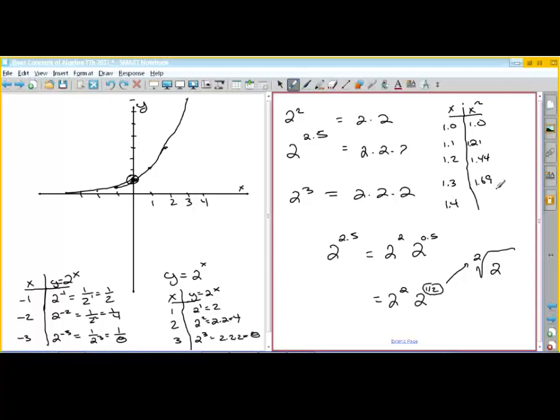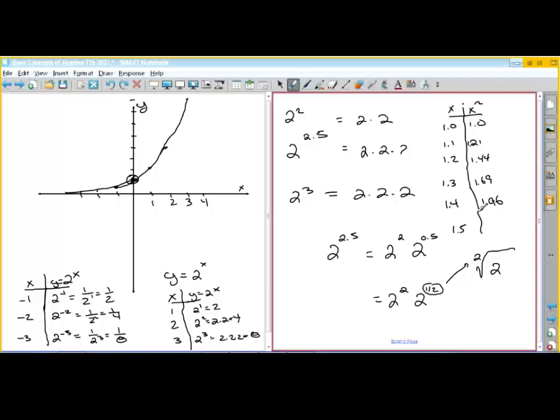1.4 squared, which I'm just using the definition of exponential. I mean, the base can be a non-whole number, or non-natural number. In this case the base is non-natural, it's just a real number, but the exponent is a natural number.